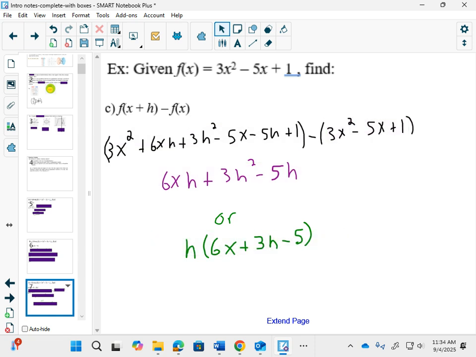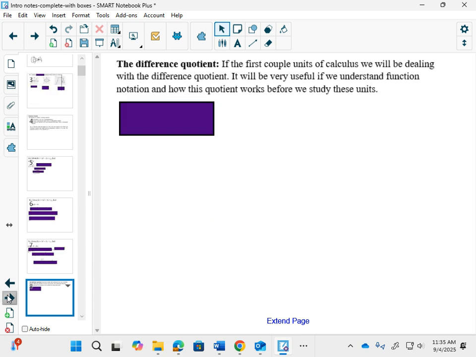But that will come in a bit. And this part in calculus is called the difference quotient. And the difference quotient is that function, f of x plus h, minus f of x, but then it gets divided by h.